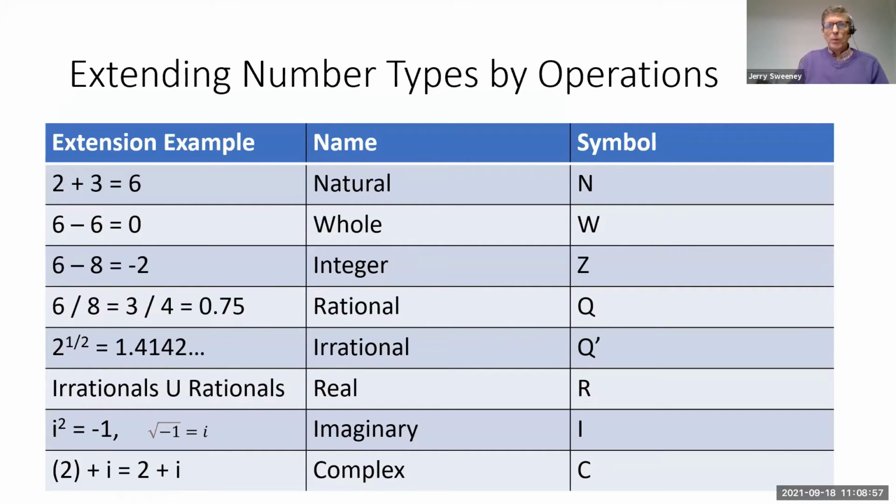So what has been happening historically is that the number types have been extended down through the centuries. So we have natural numbers, numbers that you count apples and cows in. By adding in 0, you get the whole numbers. By subtracting one number from another, you end up with negative numbers.